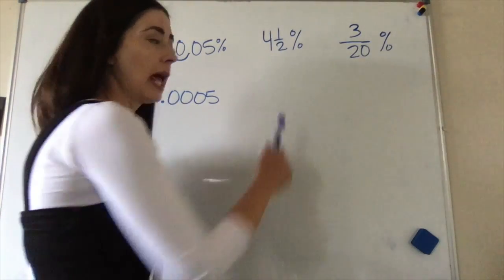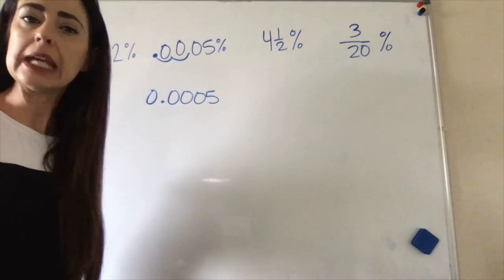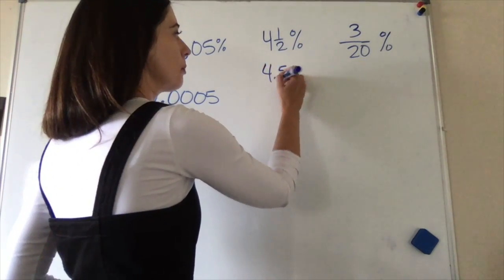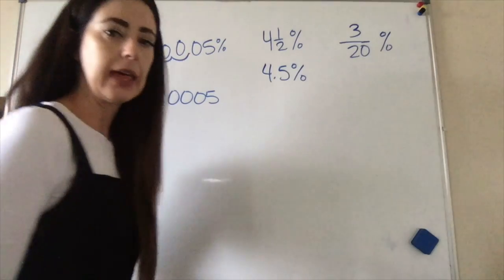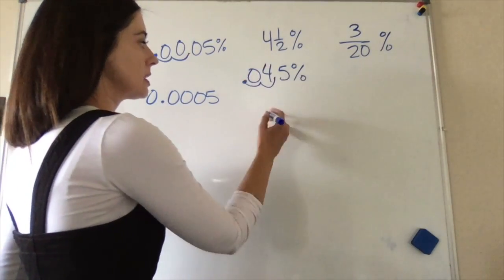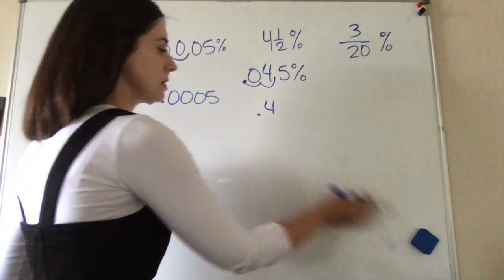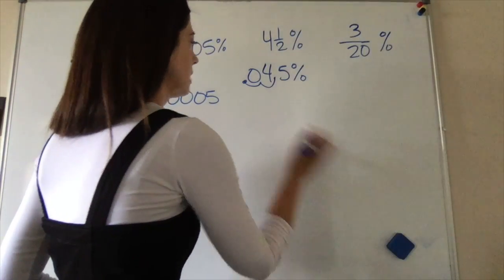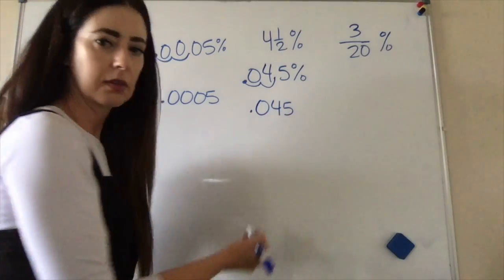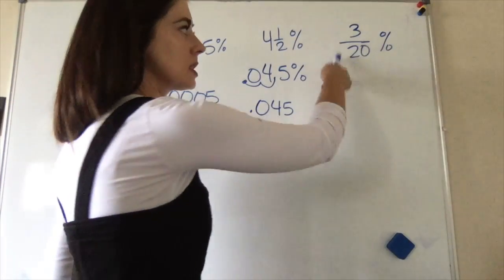Now 4.5, first, the easiest thing to do is to put this in a decimal, 4.5%, and then move the decimals 2 spots, fill in the empty place value, and we get, oopsie, 45 thousandths. Now, this one's the hardest.